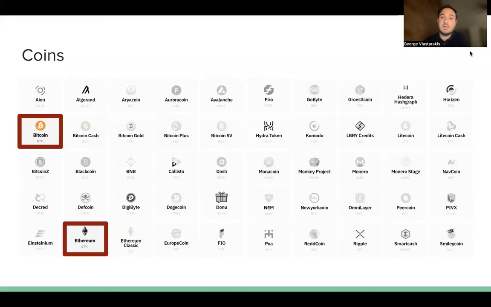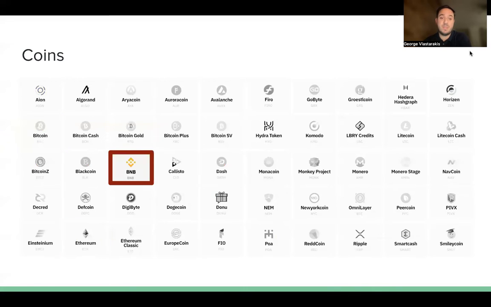If we can identify some of the more popular and widely used coins in this family that we're sharing here today, which is really just a sample of a subset of what is out there, we can identify Bitcoin and Ethereum. These are two coins that are directly related to blockchains, as we introduced before.